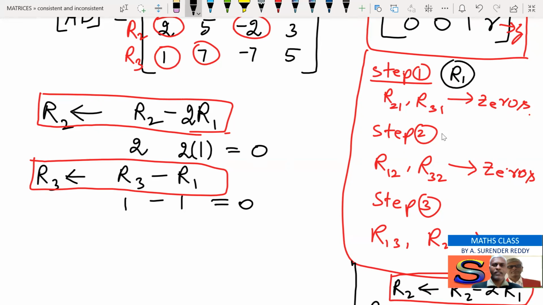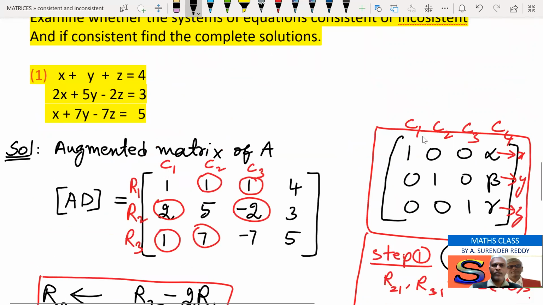So in second step, we are going to convert the second column, first element and third element. That is in R1 second, in R3 second. So R2 is not going to change.